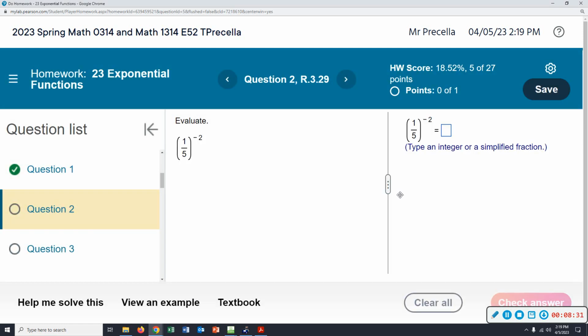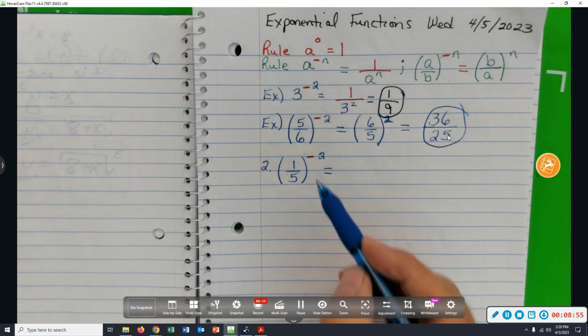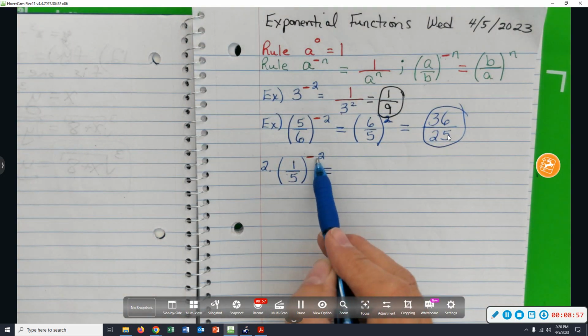Here's problem 2. It says 1/5 to the negative 2 power. Okay, so it's a fraction to a negative power.